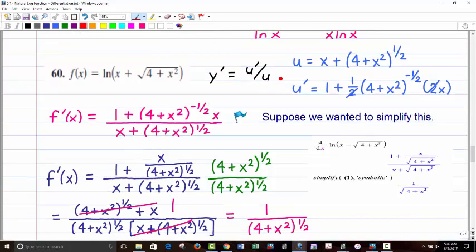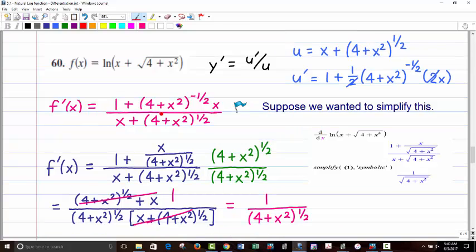How about this next one? ln of x plus the square root of 4 plus x squared. Now taking the basic derivative is easy enough. It would be the derivative of everything in the parentheses divided by everything in the parentheses.